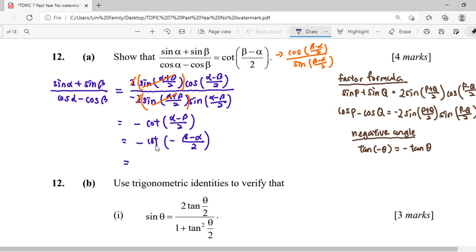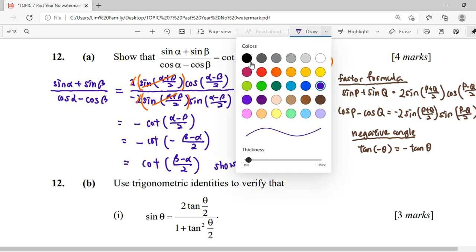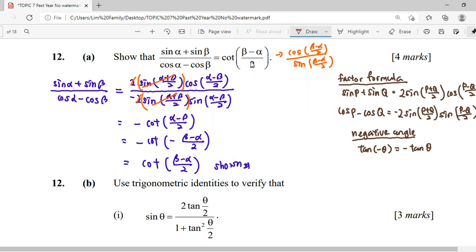So we take out the negative, negative cotangent, and negative times negative gives positive. So this is how we prove it. Here is our factor formula, then the answer, then involving the negative angle to get to the answer. This is how we get our 4 marks.